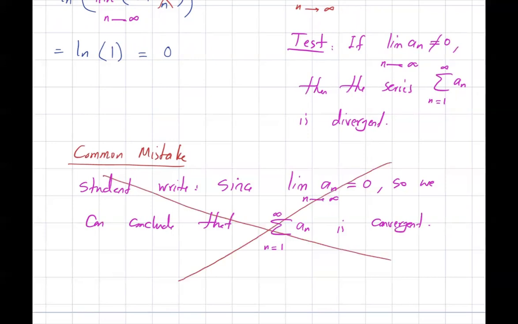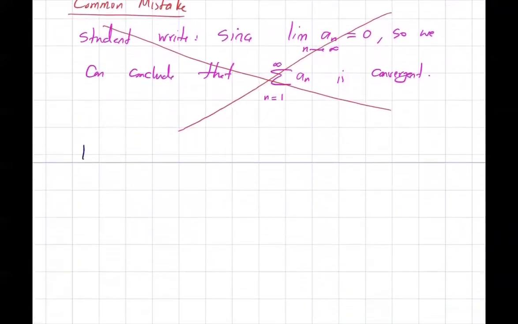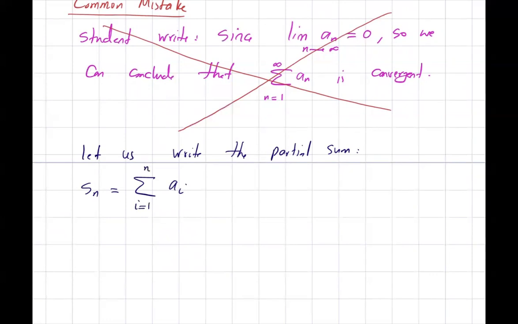Take a look at the terms of this partial sum. Let us write the partial sum. Here, what do we have? We know that Sn is equal to the summation of a sub i, i starts from 1, goes to n.